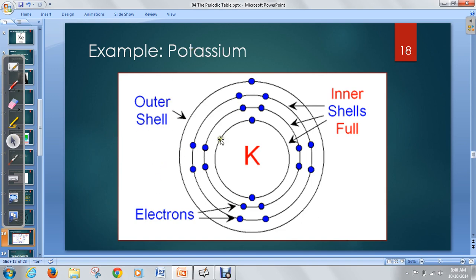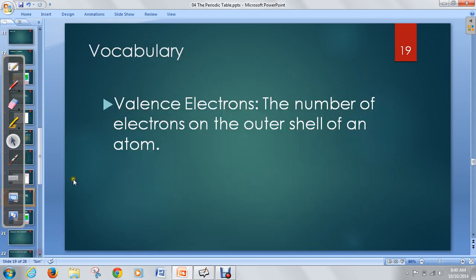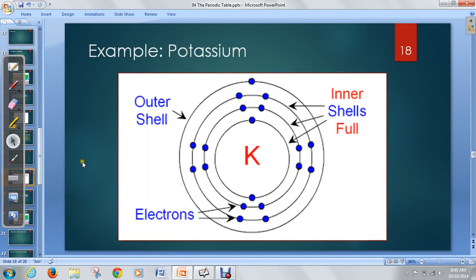But we want to cover one more term with the electron shell diagram, and that's the idea of a valence electron. A valence electron is the number of electrons on the outer shell of an atom. If you look at potassium, on the outermost shell, it only has 1 electron on there.